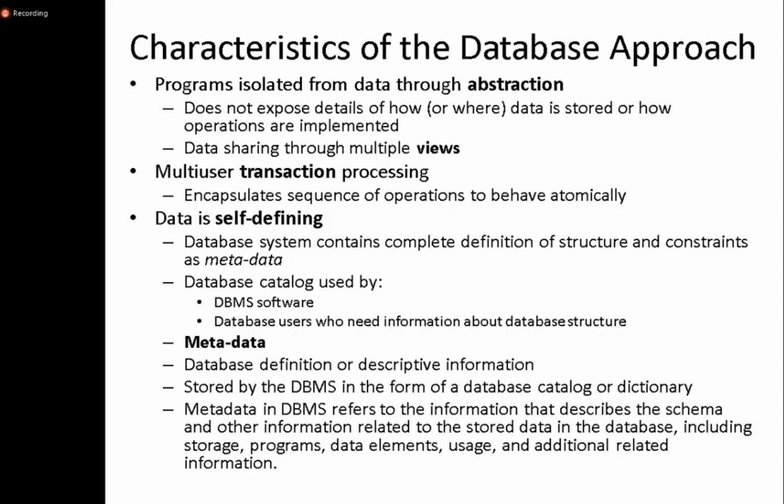So whenever the database users need information about the database structure and a lot of other things, as I told you previously, it can be found in the database catalog.